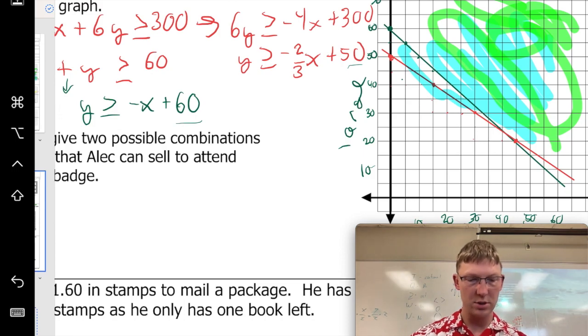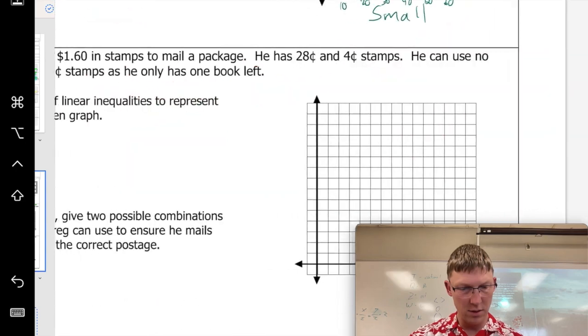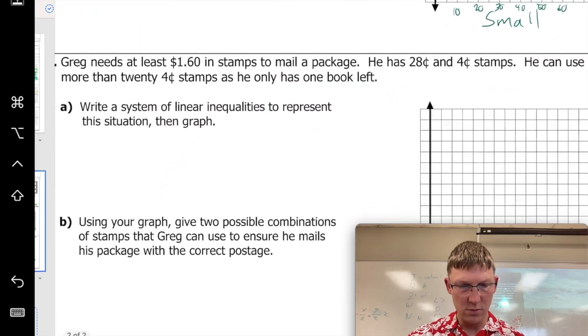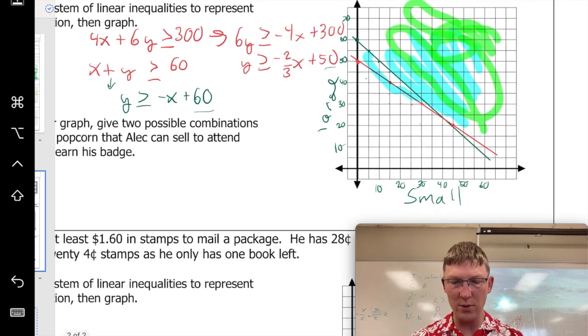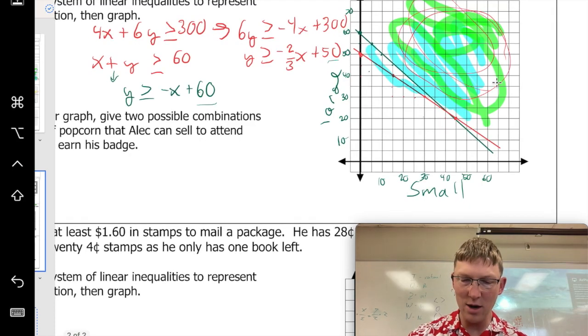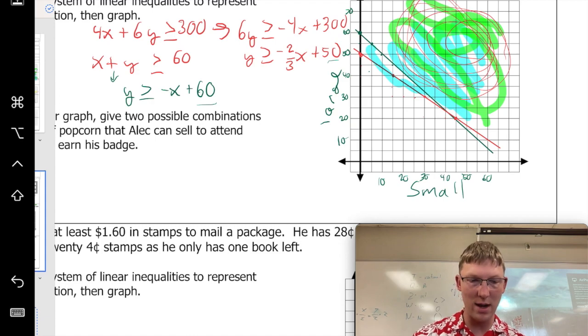So to answer the problem, it says, using your graph, give 2 possible combinations of bags of popcorn that Alec can sell to attend camp and earn his badge. You literally just pick any 2 points in this area and you have a right answer.